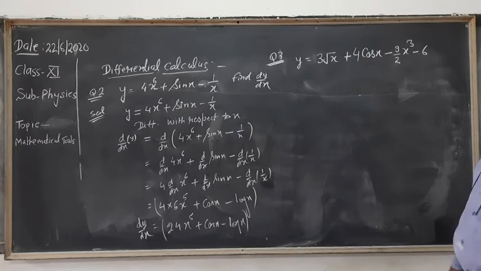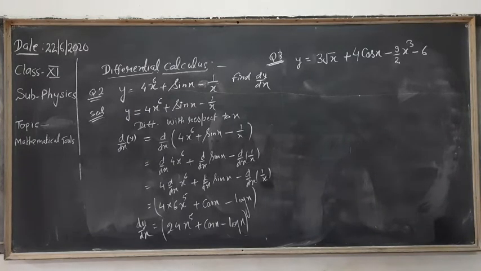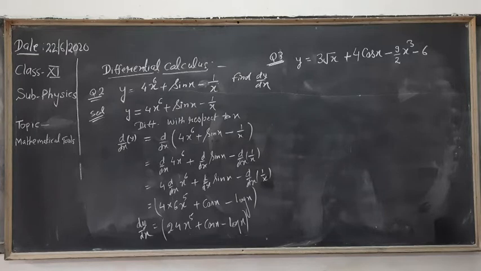Suppose this is question number third: y equals 3 root x plus 4 cos x minus 9 by 2 x cube minus 6. So children, can you solve this question? Just try.